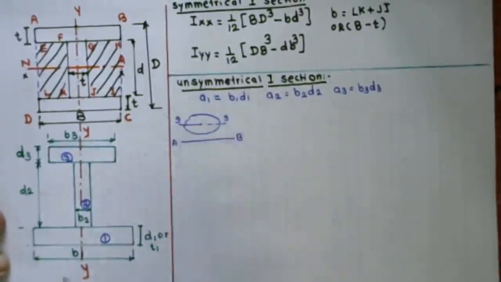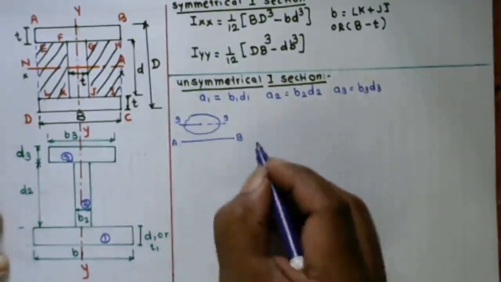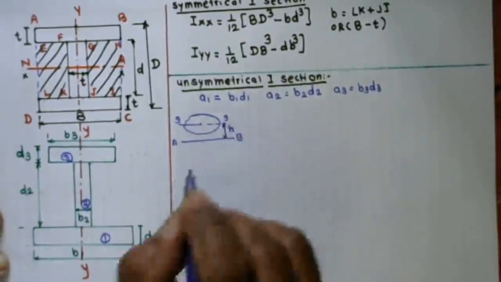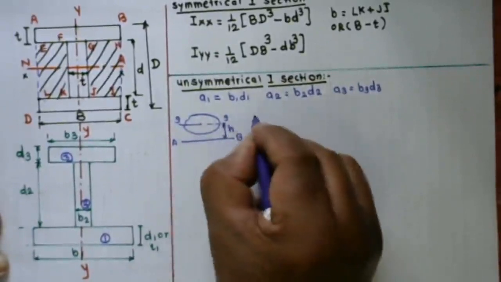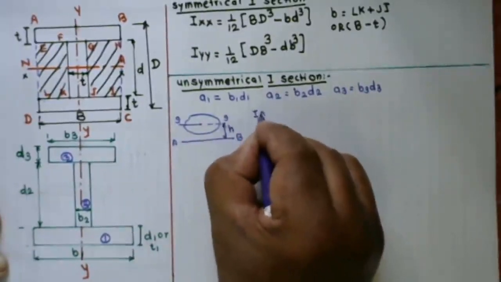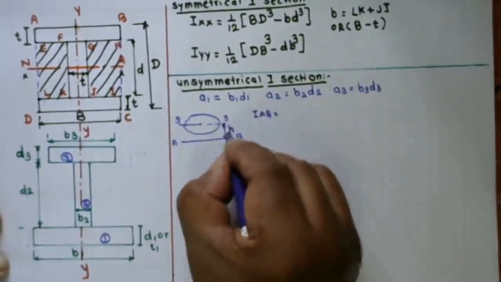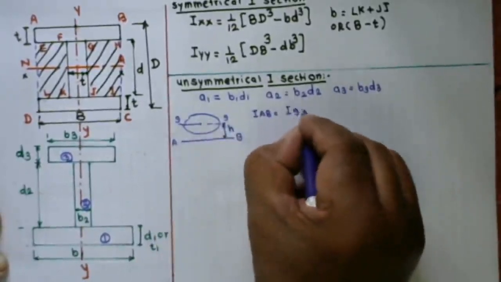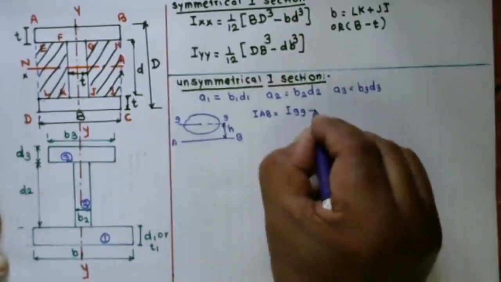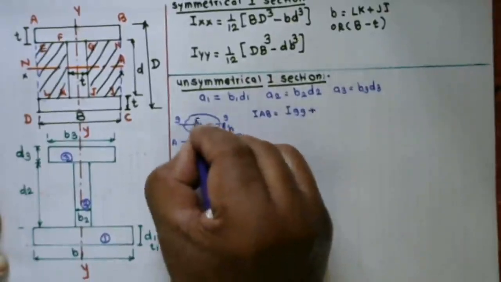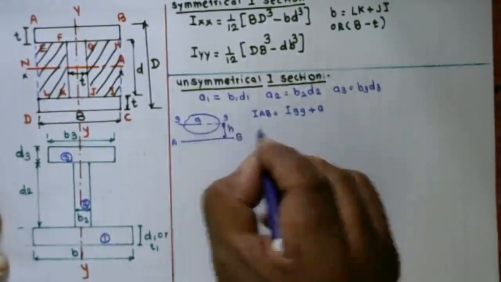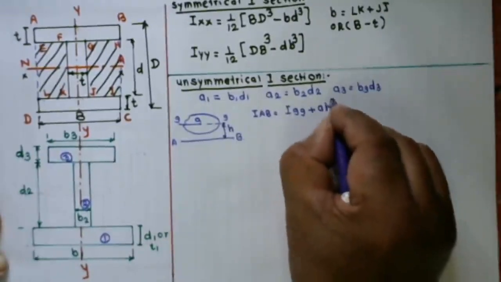If I have to calculate the moment of inertia about AB, and this distance is H, then IAB is equal to IGG, the moment of inertia about the centroidal axis, plus the area of the figure A into the distance between the two axes, H square.